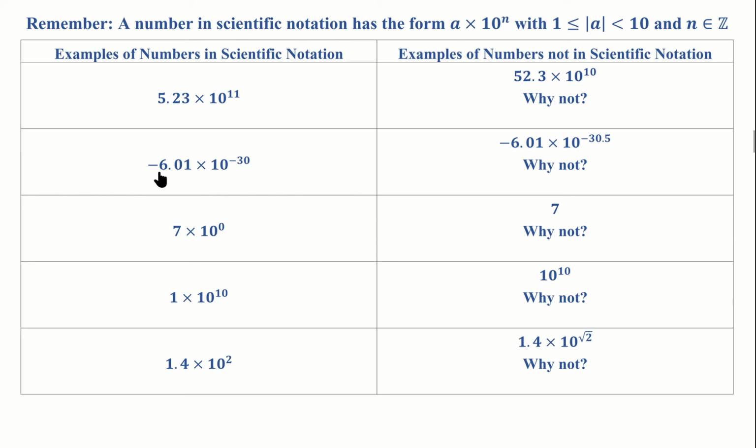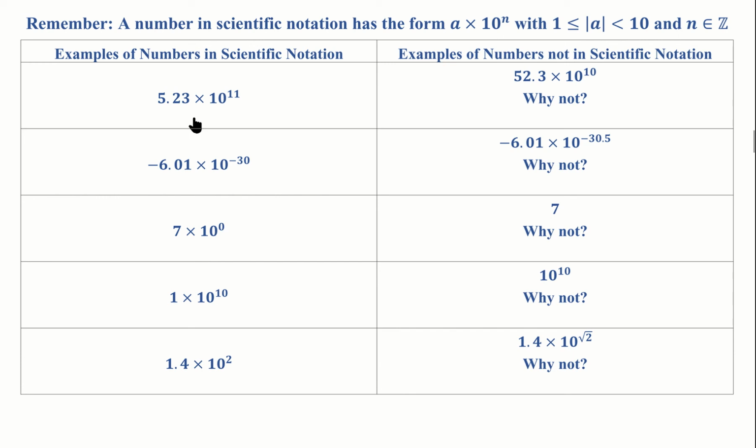Now this number here is negative, so itself is not between 1 and 10, but remember, all we need is the absolute value of the number to be between 1 and 10, and this qualifies because the absolute value of negative 6.01 is 6.01, which is between 1 and 10, including 1, excluding 10. Negative 30, of course, is an integer, so it's fine. How about this? Is that in scientific notation? Of course. 7 is between 1 and 10, and 0 is an integer.